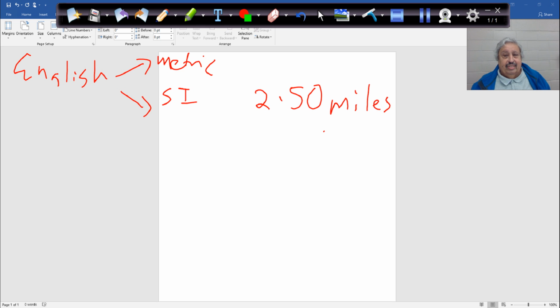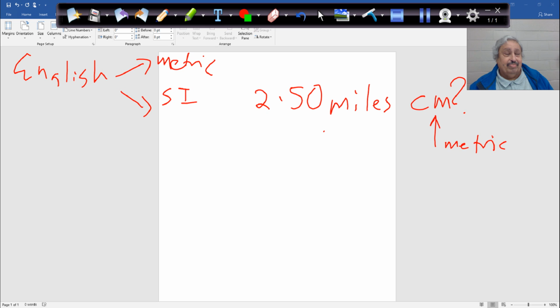And I want to get this one here. With the same metric and SI, they are almost overlapping each other when it comes to length. So how much is this one in miles, into centimeters? That's a metric, correct?